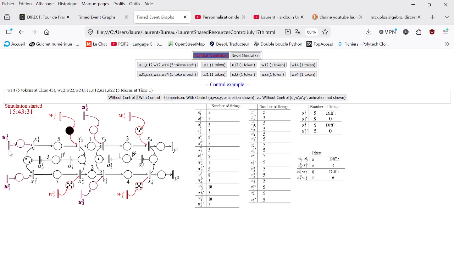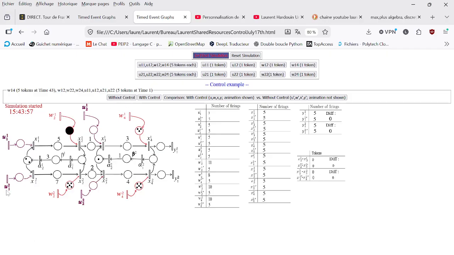In this system, we assume that we have a priority policy. It means that the token on this line has a higher priority than this line. There is a higher priority line and a lower priority line. If there's a competition for the resource at the same time, the first line will win and consume the resource.